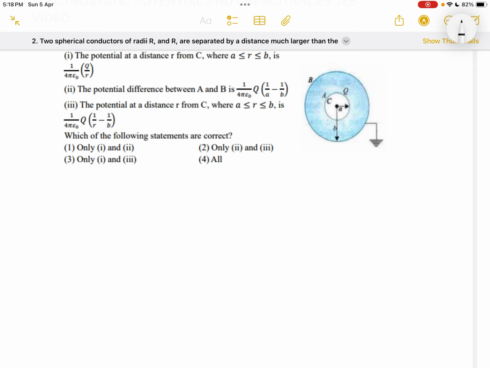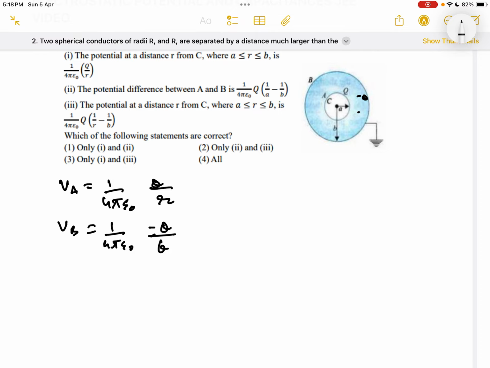Let's try to figure it out. We are trying to find the potential at a point which is greater than a and less than b. Let's write down what is the potential due to A. Potential due to A is 1 by 4 pi epsilon naught q divided by r. And potential due to B would be 1 by 4 pi epsilon naught minus q divided by b, because it has to induce an equal amount of negative charge on the inner surface.